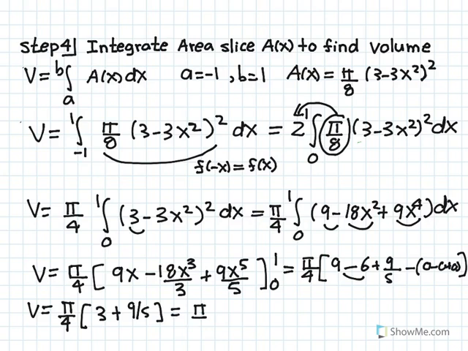So we get pi over 4 times, take common denominator, that's 5. 1 goes into 5 5 times, you get 5 times 3, 15, plus 5 goes into 5 1 time, and times 9, 15 plus 9, we get 24. In the numerator, 24 divides by 4, and we get 6 pi over 5.